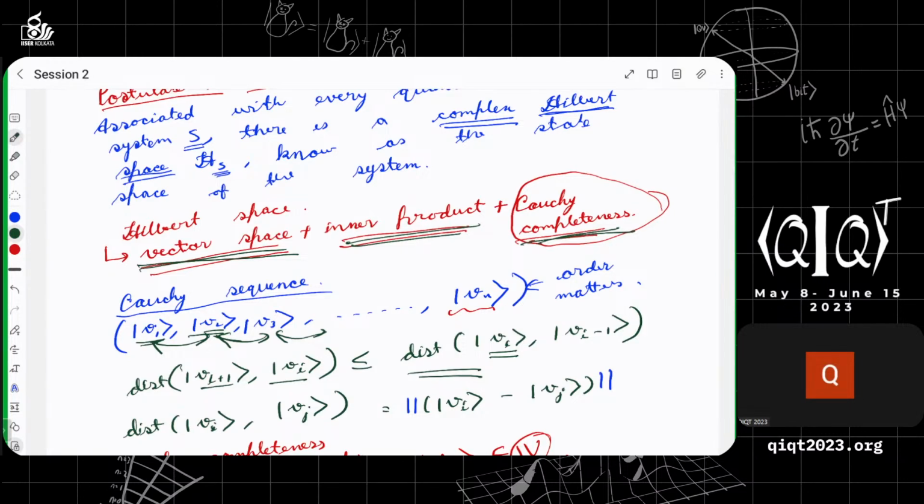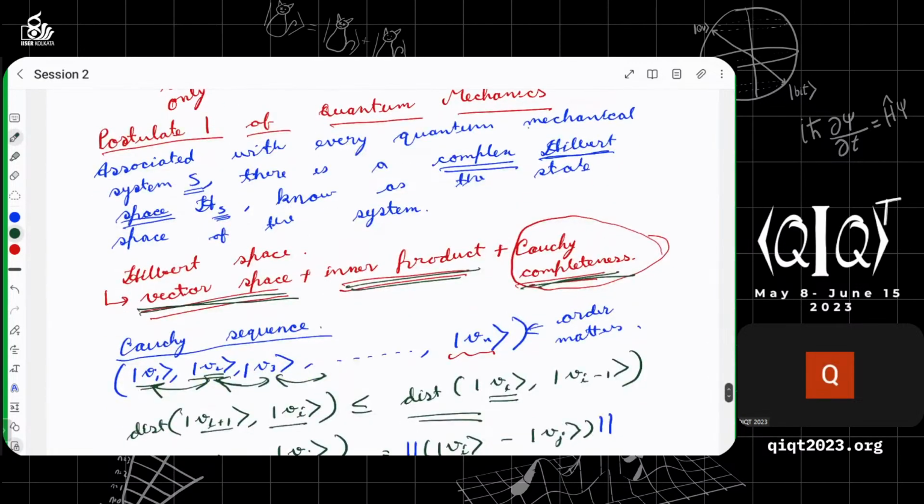I can't give the justification to you right now, but since it's a postulate, we generally don't question why Hilbert space, why not some other space. I'm sure there is some justification, but I really don't know what it is. What I can tell you is that if we assume that for every system there is a Hilbert space, and if we lay down the other postulates, then all the experimental results are derived from those basic set of rules, and this is one of those rules that we are laying down.